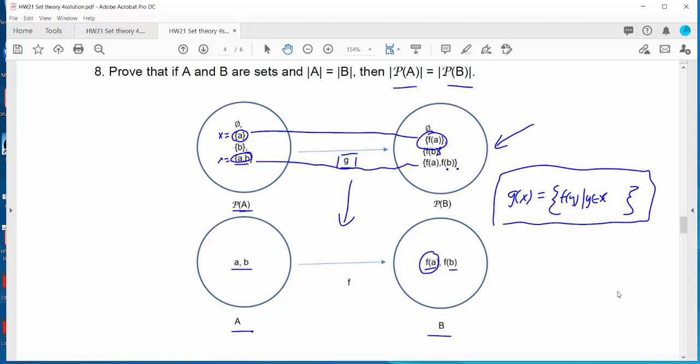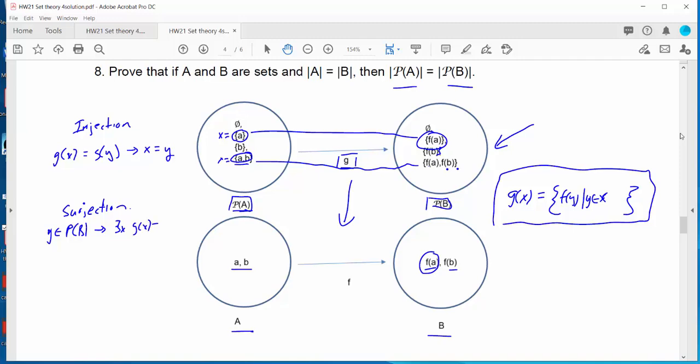So in this case, because we're talking about the power set of A and the power set of B, for an injection you're going to need to show that if G of X equals G of Y, then X has to equal Y. And then for a surjection, you'll need to show that if Y is an element of the power set of B, then there exists an X such that G of X equals Y.